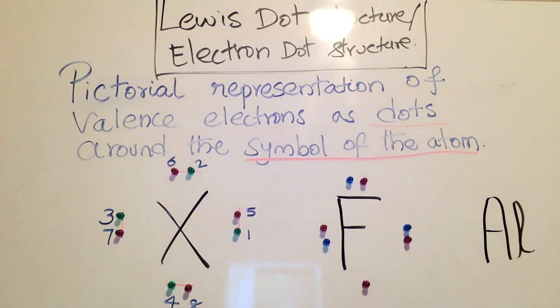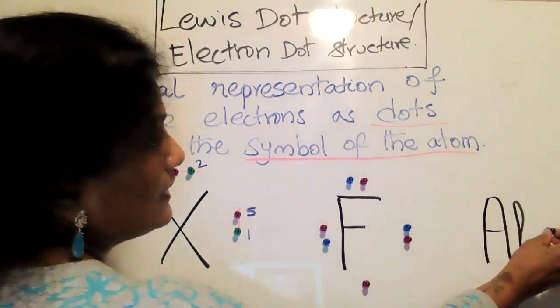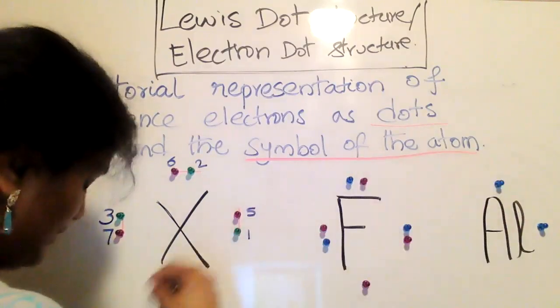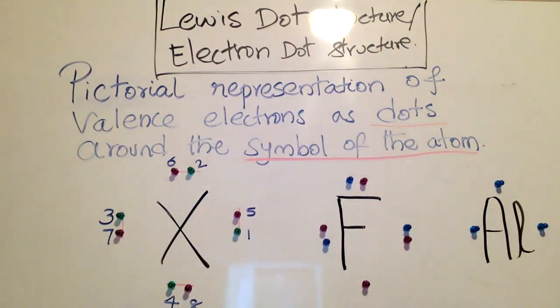So how many valence electrons are there for the atoms in group 13? Check your periodic table. Yes, 3 valence electrons for aluminum. So now I have to put 3 dots. Starting from here, 1, 2, and then 3. That's it.